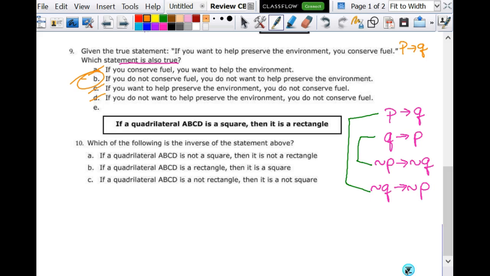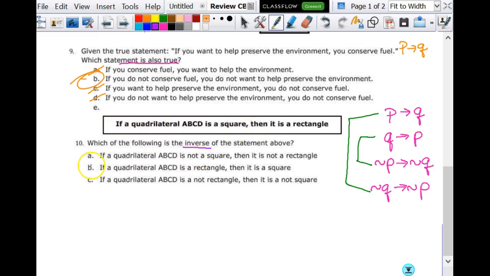It says if quadrilateral ABCD is a square, then it is a rectangle. It says which of the following is the inverse of the statement above? Inverse. So remember, you have conditional and then converse, inverse, contrapositive. So if the original one is if P, then Q, what we're looking for is if not P, then not Q. So I'm looking for it to start off with if it is not a square.